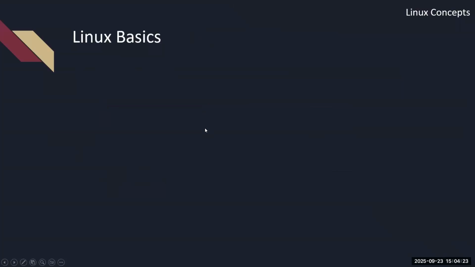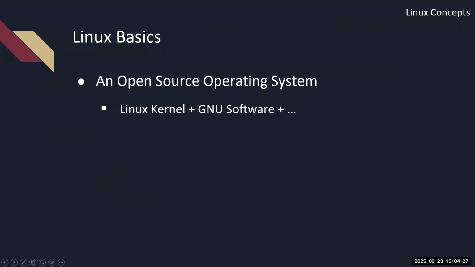So Linux is an operating system, and it is an open source operating system. When we talk about Linux, two key components. One is the Linux kernel, developed by Linus Torvalds in 1991, and the other large group is the lot of softwares and tools, among which the GNU project is the pioneer, starting from the 1980s.